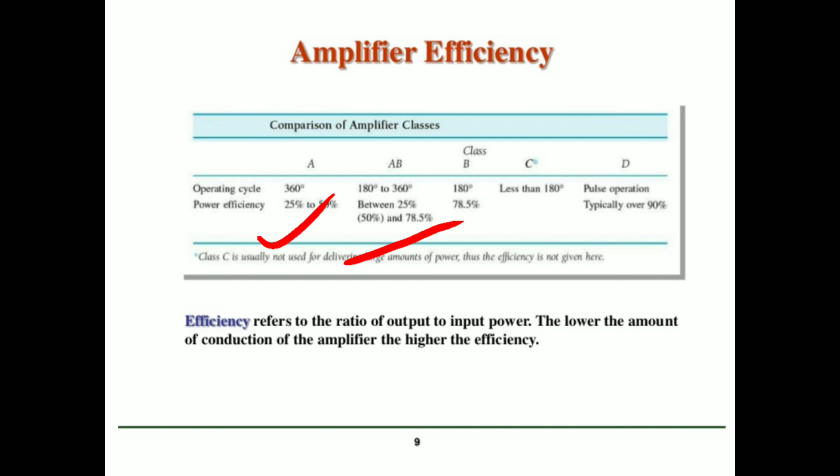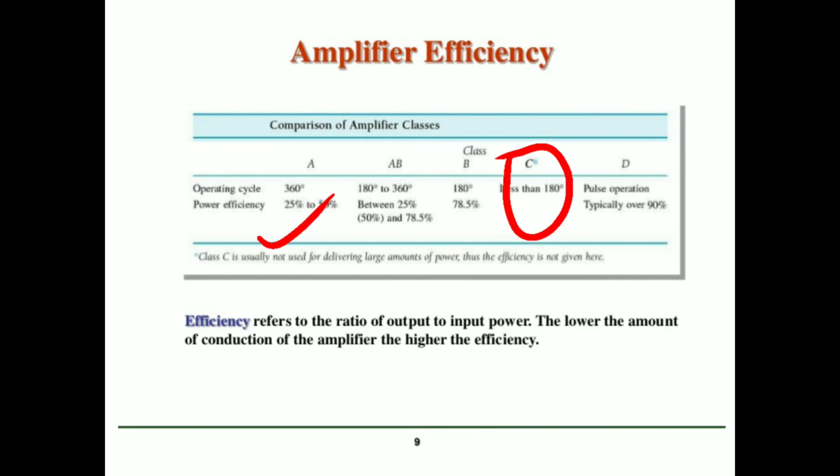In class B amplifier, the operating cycle of the output signal is 180 degree and its efficiency is 78.5%. In class C, the collector current flows for less than 180 degree but the efficiency is greater than 90%.